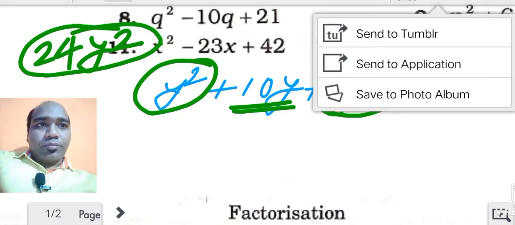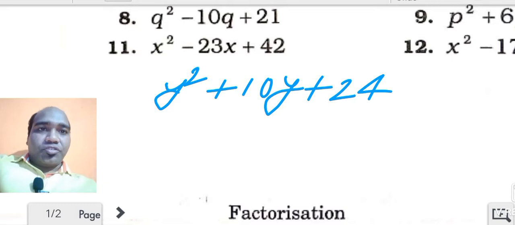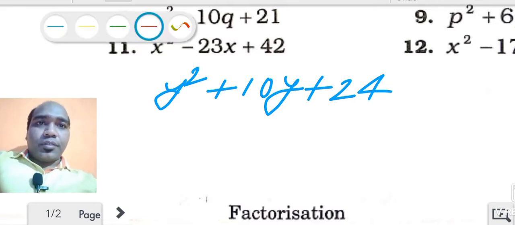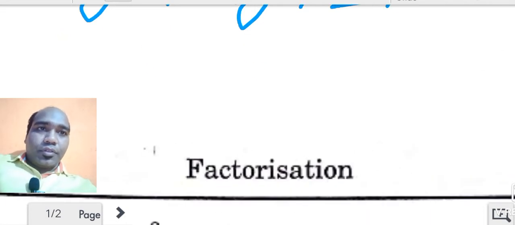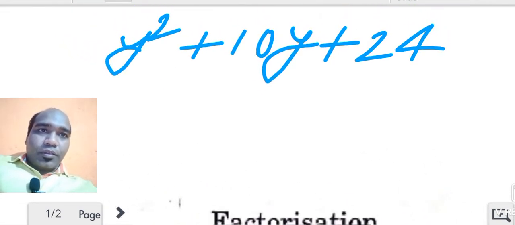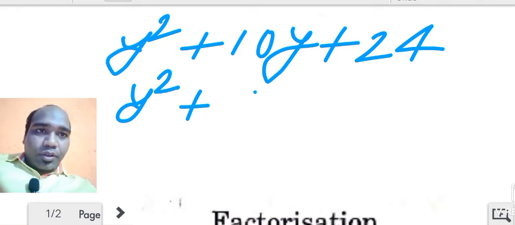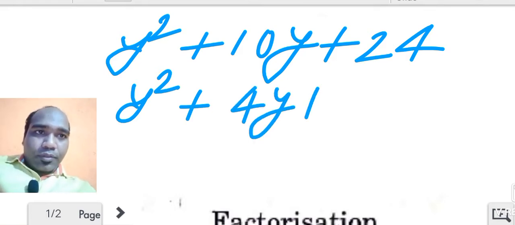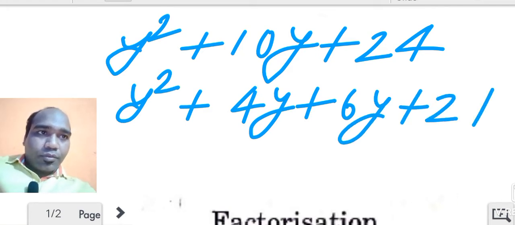Now come to our main question. Our question is y square plus 10y plus 24. Now y square plus 10y we can write as y square plus 4y plus 6y plus 24.